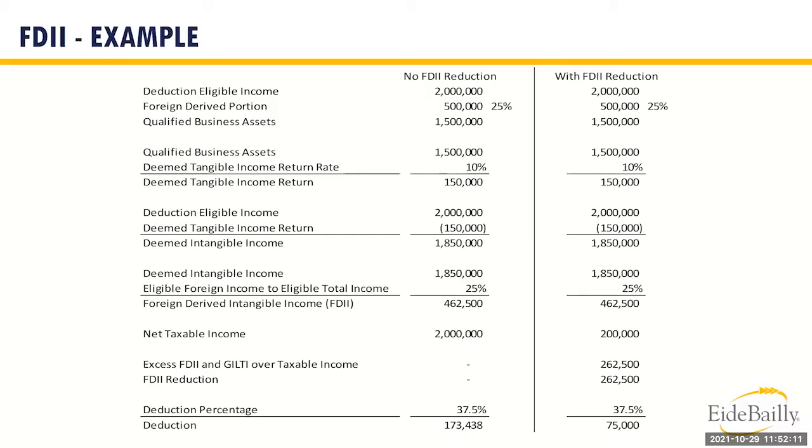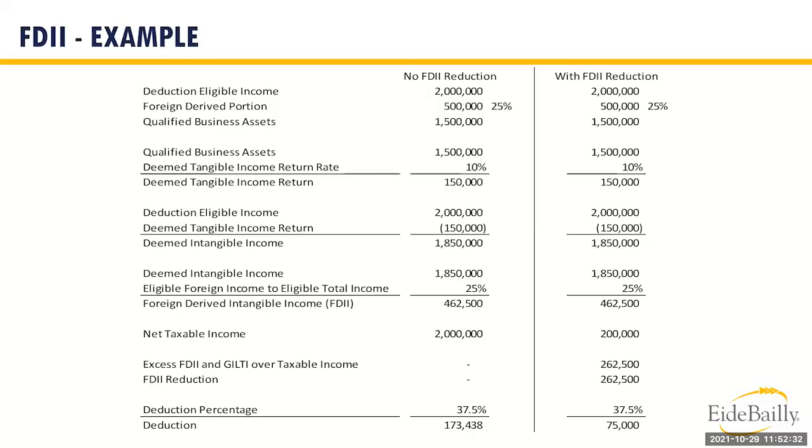We've also calculated our qualified business assets, which would be effectively our net assets for the year at $1.5 million. So as part of that multi-step process, back at step three, we need to figure what our deemed tangible income return is. That is just nearly 10% of our qualified business assets.